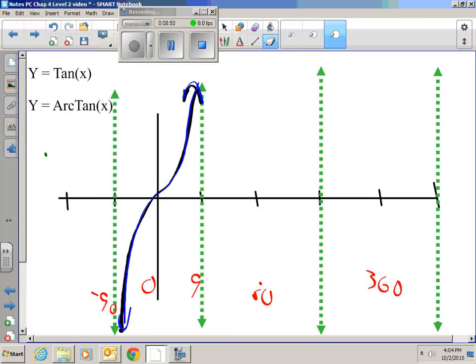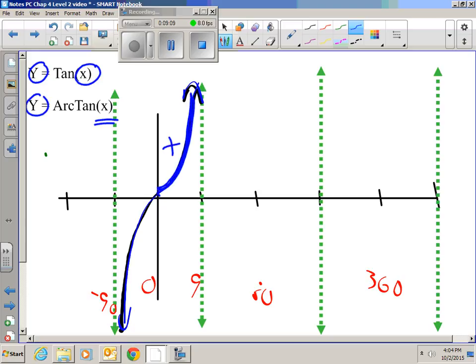So in the regular tan, my x is my angle, my output is my ratio, which means now in the arctan, the input is the ratio, the output is my angle. If my input is a positive ratio, in this part right here, notice that my angle goes from 0 to 90, a first quadrant.